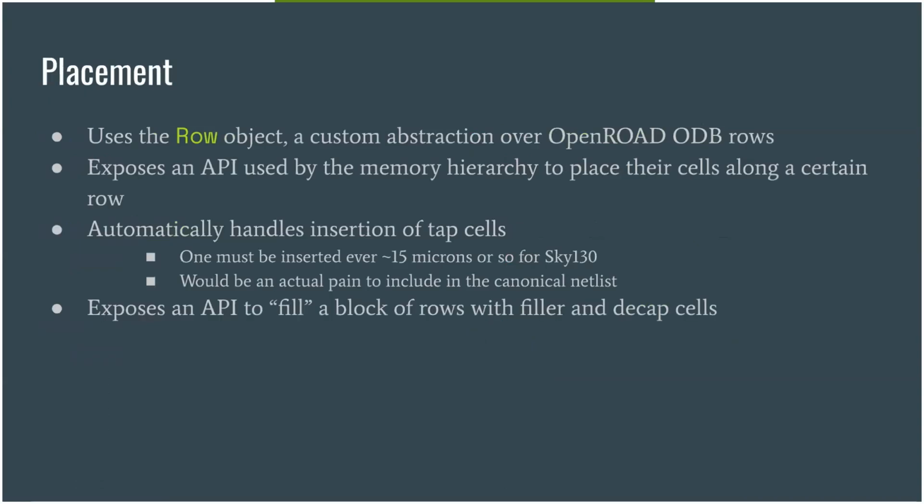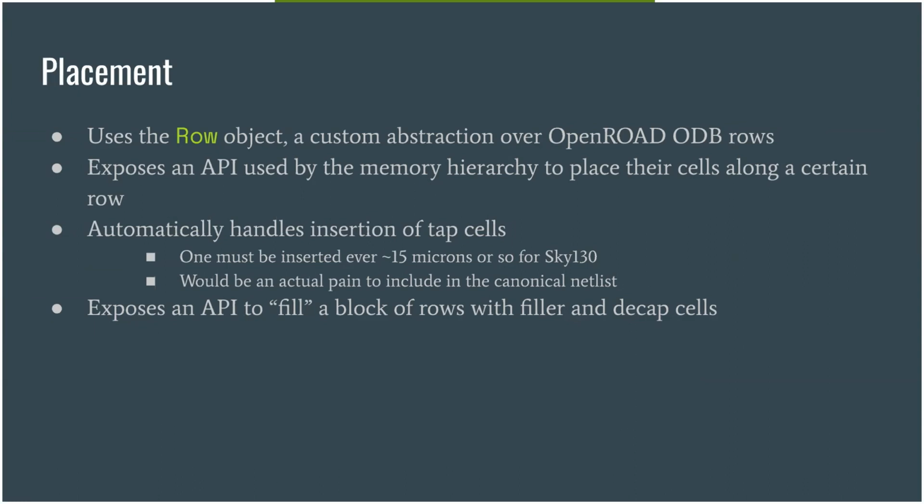So the placement uses the row object, a custom abstraction over OpenRoad ODB rows, which exposes APIs that are then used by the data structures we created to place their cells along a certain row. It automatically handles insertion of tap cells. One must be inserted every 15 microns or so, and I know we said we'd put diodes in the actual netlist, but tap cells would be an actual pain in the butt.